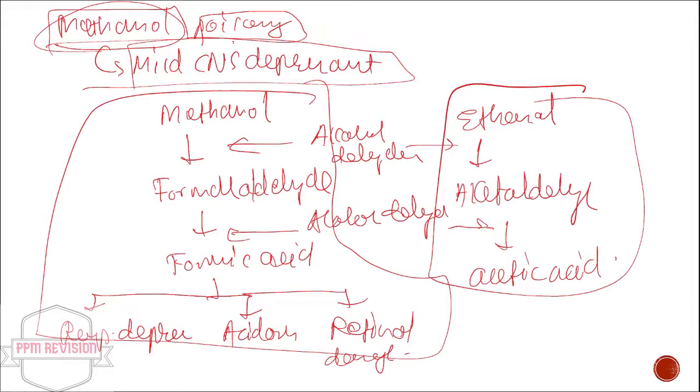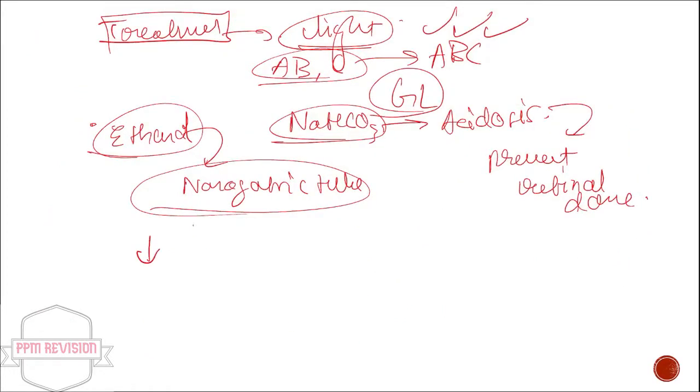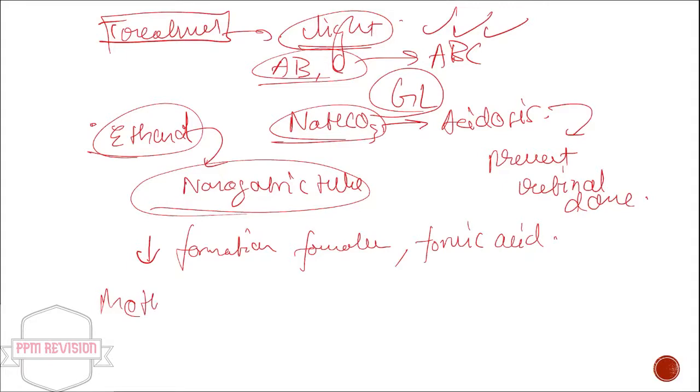So what happens is that there is a competition between them, and because of this, the formation of formaldehyde and formic acid is reduced. Then the methanol is excreted in urine and also the breath.